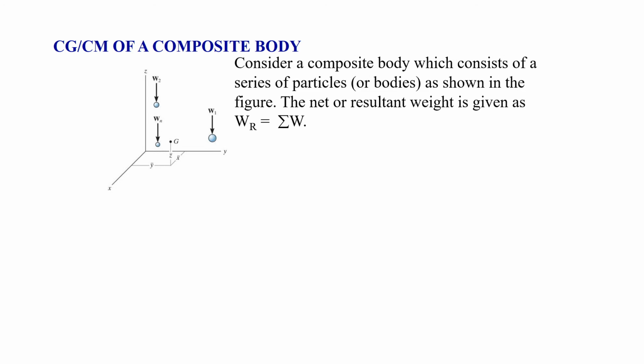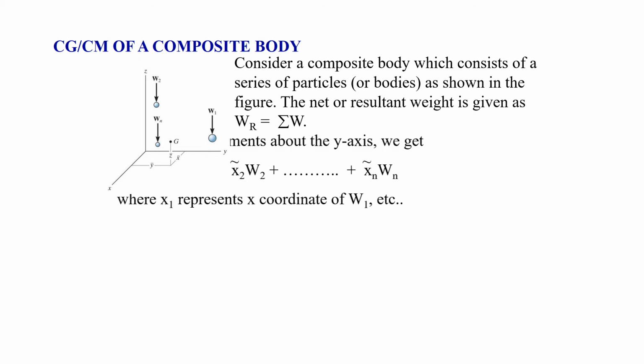Now let's look at how to find the center of gravity or the center of mass of a composite body. Consider a composite body which consists of a series of particles or bodies as shown in this figure. The weight of the resultant is equal to the sum of the individual weights. We've seen that before.